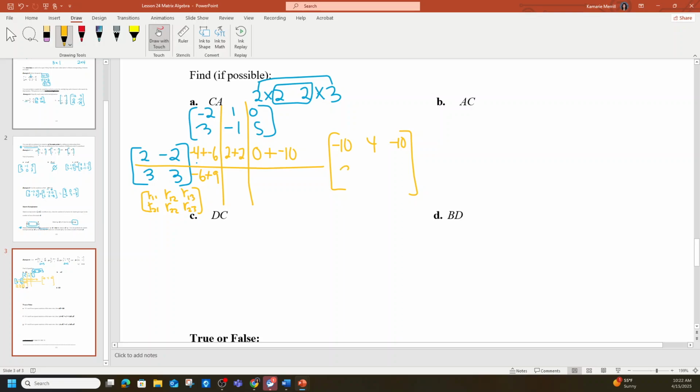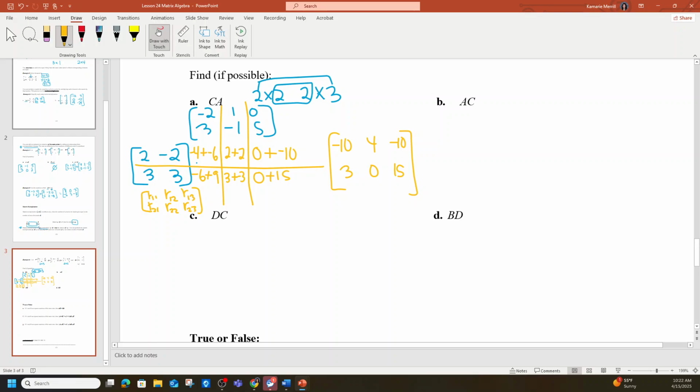Good. Let's go to my row 2, column 2. Do you guys get 3 plus -3? What do you guys get for row 2, column 3 spot? 0 plus 15. And that's our resulting matrix.